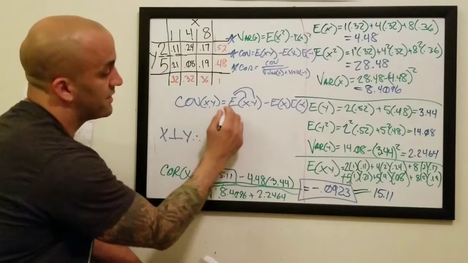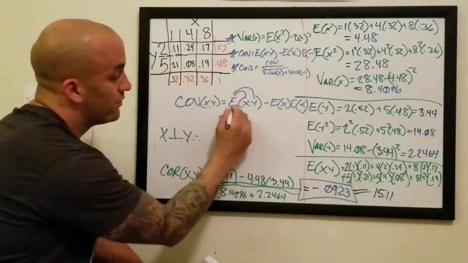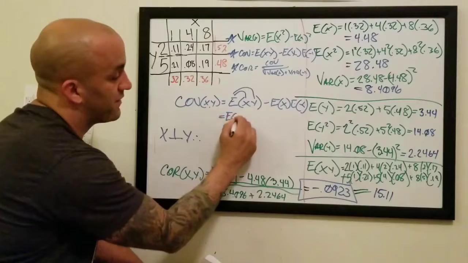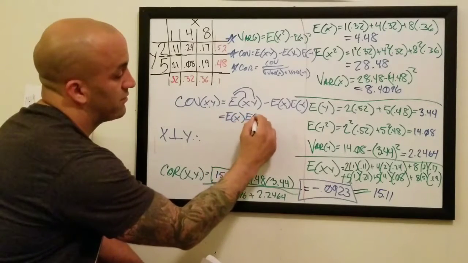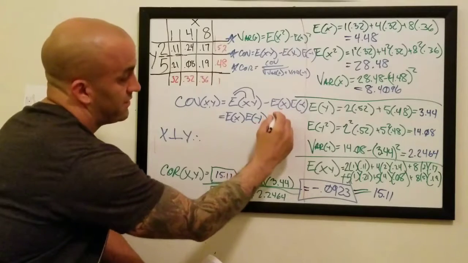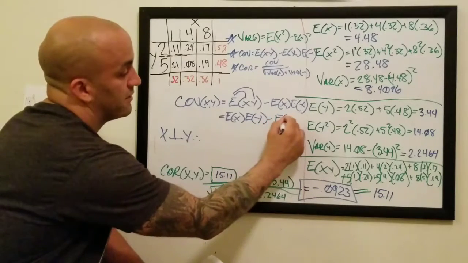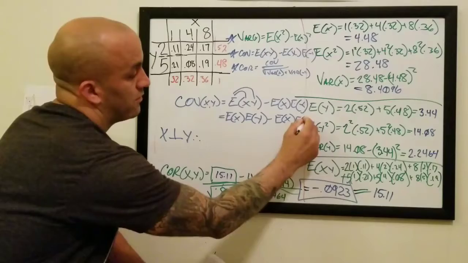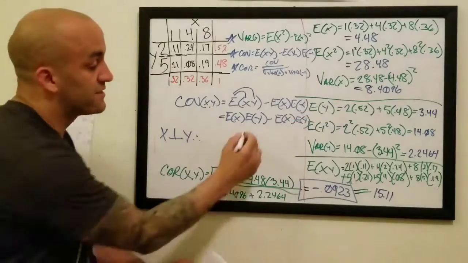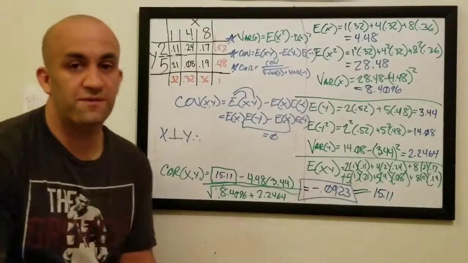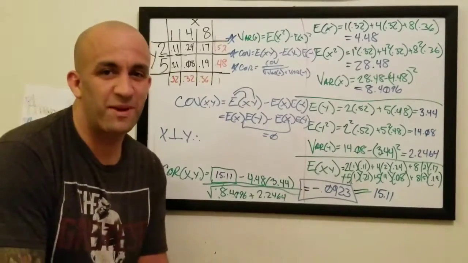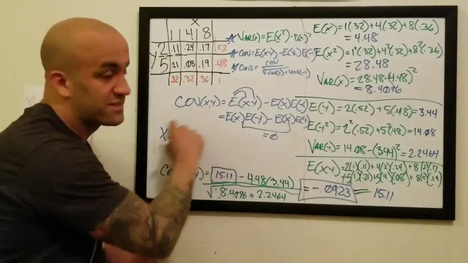If they're independent, we can rewrite this as the expected value of x times the expected value of y, which then, to finish out that covariance formula, is just equal to 0. So if the problem says they're independent, you know that the covariance is going to be 0.